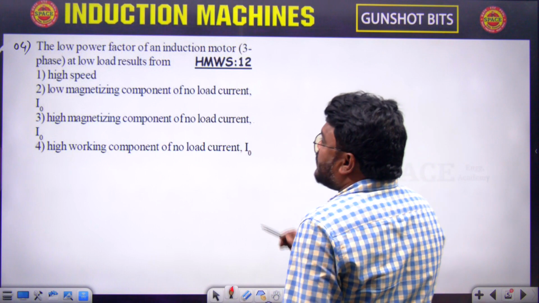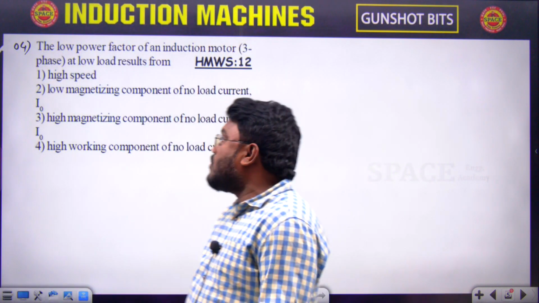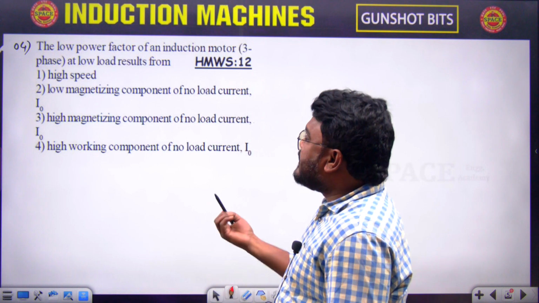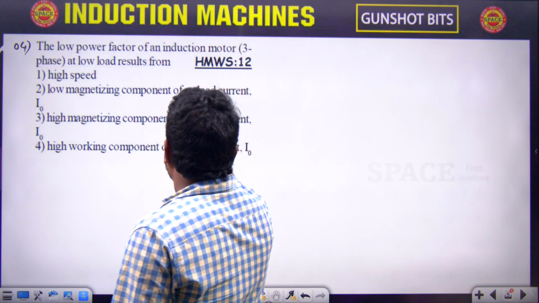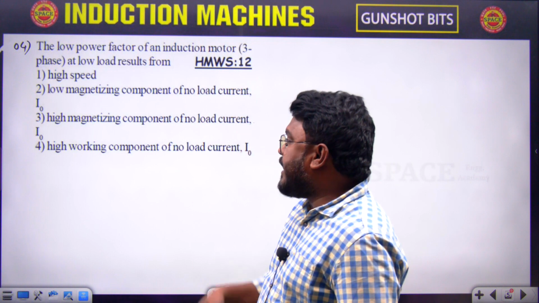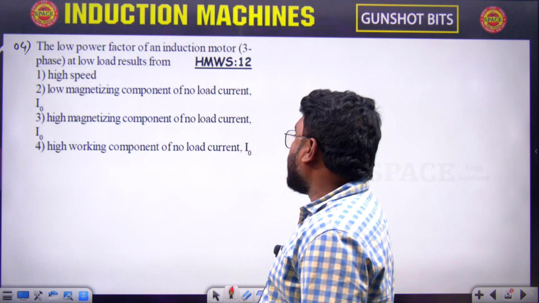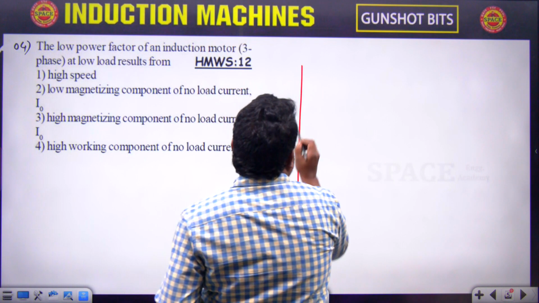And next let us solve question number 4. The low power factor of an induction motor at low load results from: high speed, low magnetizing current of the no load current, high magnetizing component of no load current, or high working component of the no load current. This can be solved by using the vector diagram.